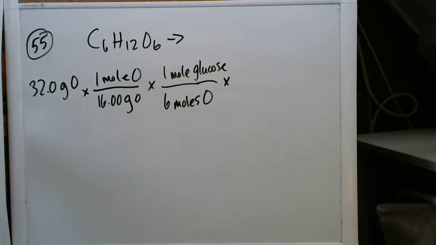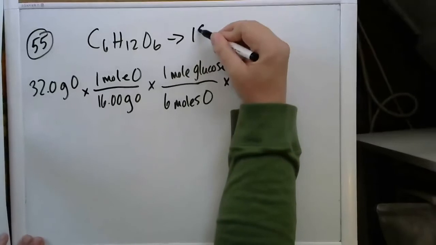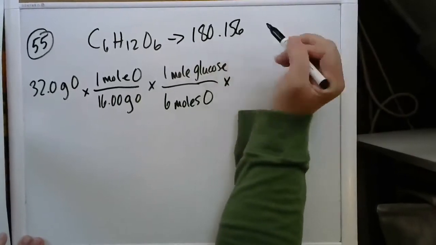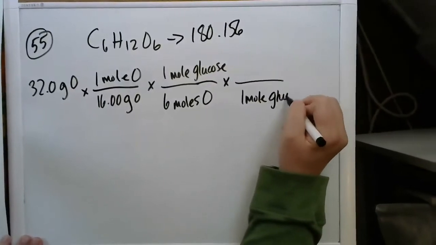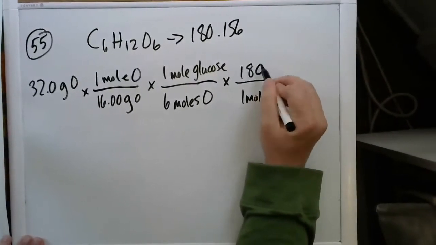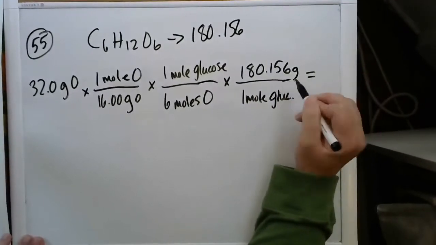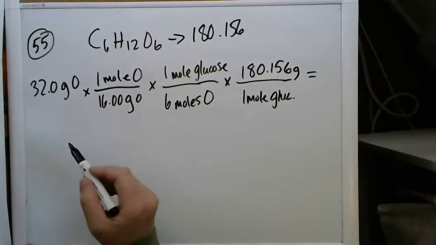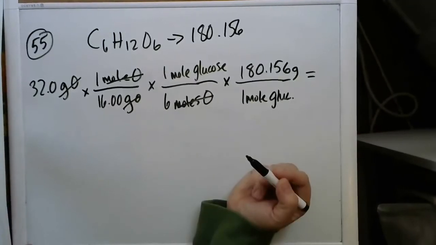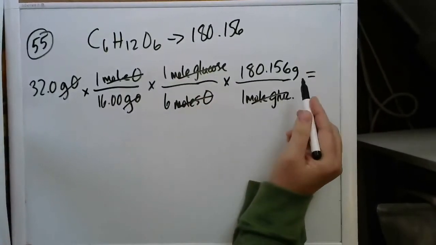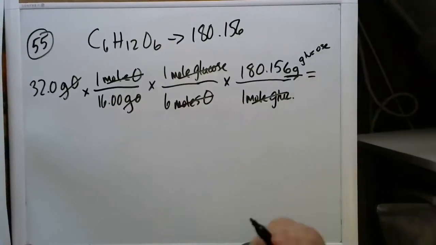Okay. 180.156. So in every 1 mole of glucose, there's 180.156 grams of glucose. And that's how we get to our answer. So you see our grams of oxygen cancel out, our moles of oxygen cancel out, our moles of glucose cancel out, and we're left with grams of glucose. Okay.